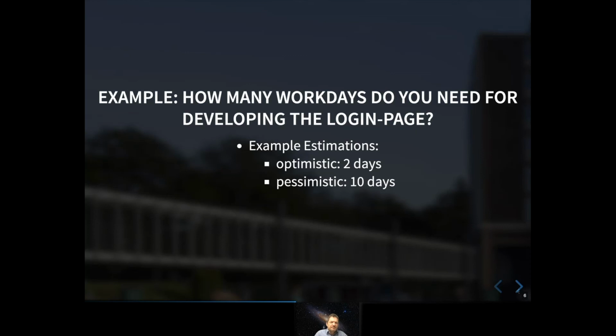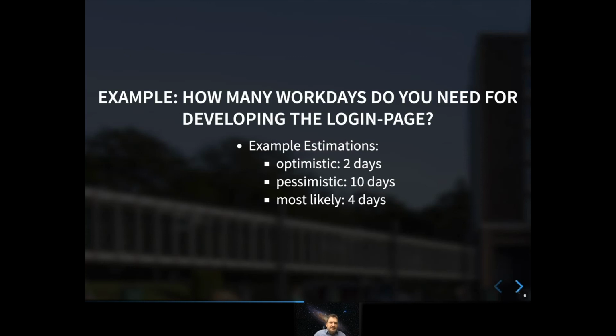If you don't think about PERT estimation, somebody asks you for an estimation and you really want a number, you would probably say this most likely number. Let's say 4 days. So now, instead of only saying 4, you have 3 values.